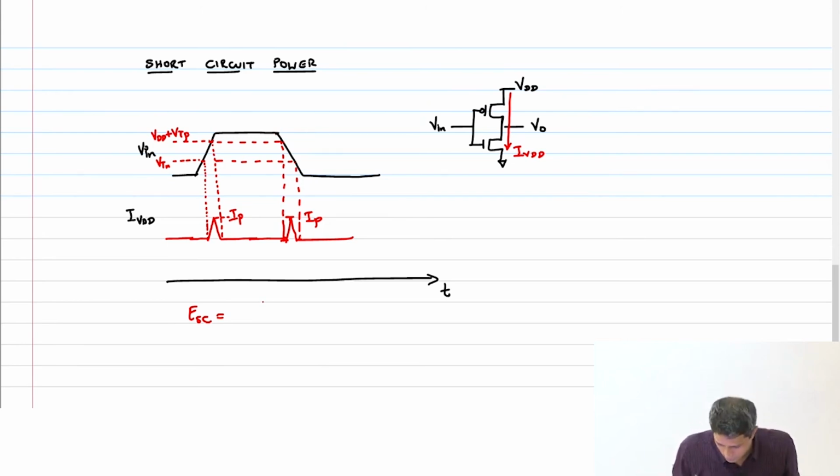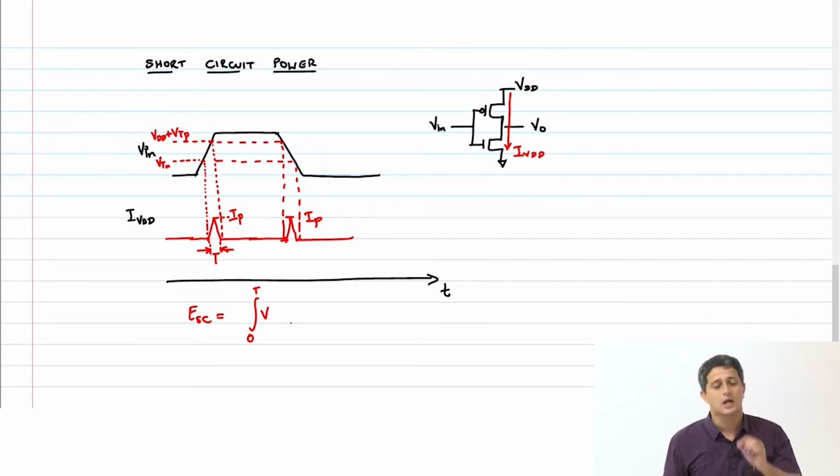So let's assume that this is going to happen for a particular time t, right? So it will simply be 0 to t. What is V? Where is the current coming from? VDD. So what is the V in this equation?